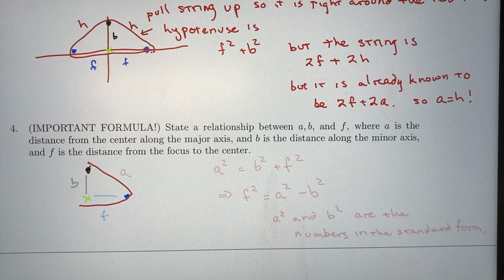Okay, so a squared is b squared plus f squared. Or if you want to find f squared, it is a squared minus b squared. And remember, a squared and b squared are the numbers on the standard form formula for the equation.